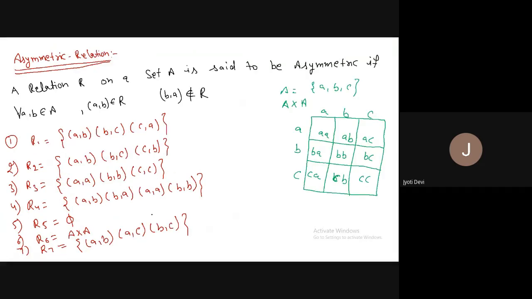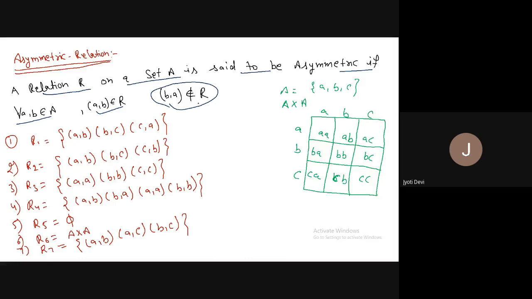Asymmetric. Now what do you understand by asymmetric? A relation R on a set A is said to be asymmetric if for all A and B belonging to A, if A comma B belongs to the relation, then BA must not belong.